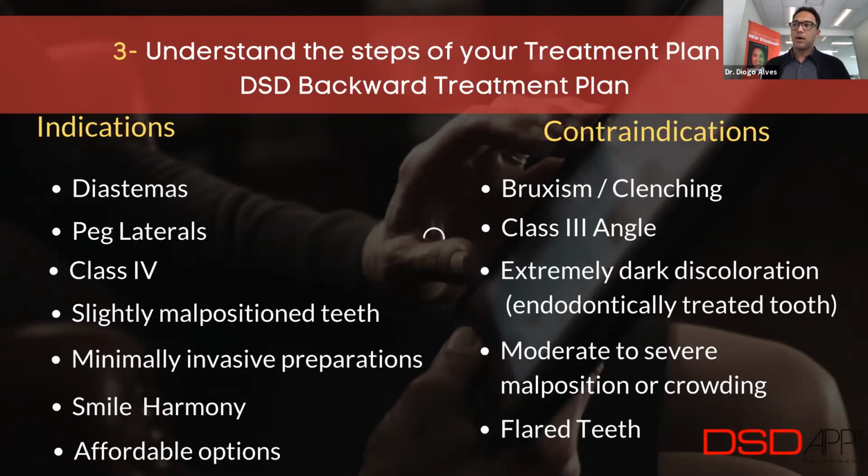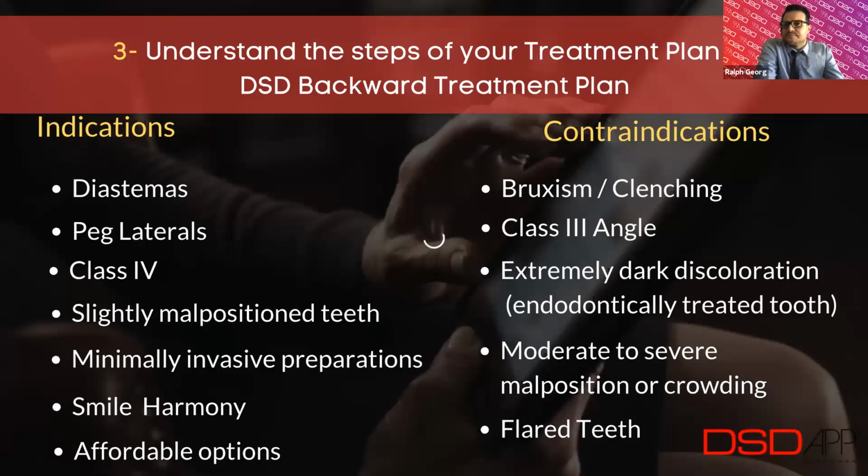Patients with bruxism or clenching, patients class 3 of Angle, or with an extremely dark discoloration. So as we are planning on doing a minimally invasive preparation on that tooth, usually what I do is I like to first do a teeth whitening and then do the composite veneers. I do that in mostly all of my patients.